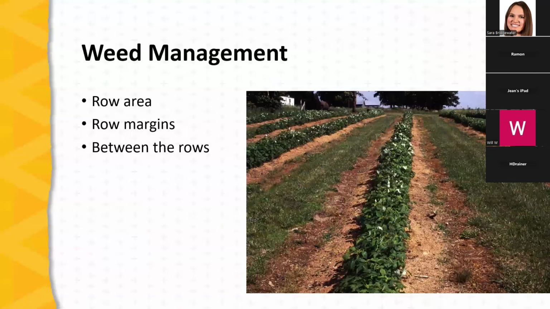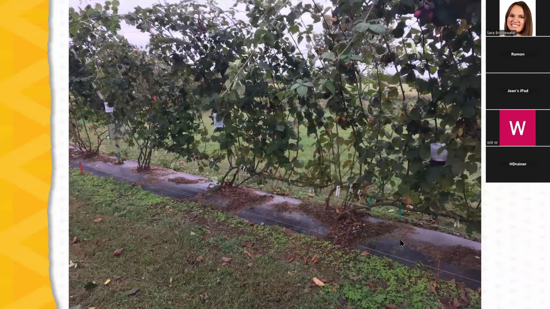But as an alternative, you can use plastic culture, as you see here. When you plant, you put that plastic. It's a special type of plastic, thick, the type of ground cover plastic, so it lasts for many years. I've seen that type of plastic last 10, 15 years.